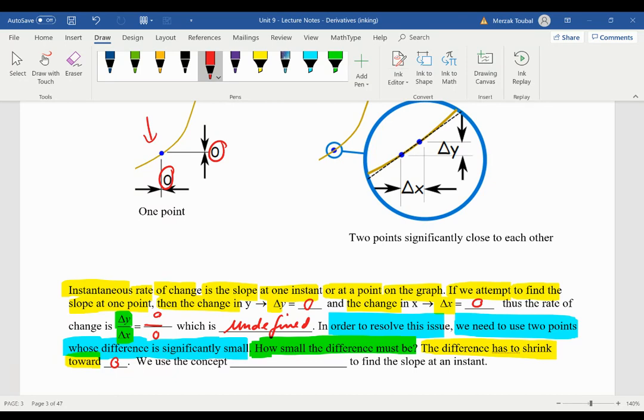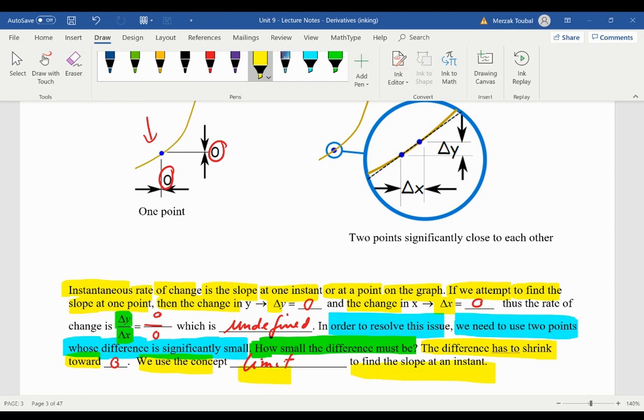And the concept that we have seen so far that deals with this type of issues, it would be something that is called the limit. So we use the concept of limit to find the slope at an instant.